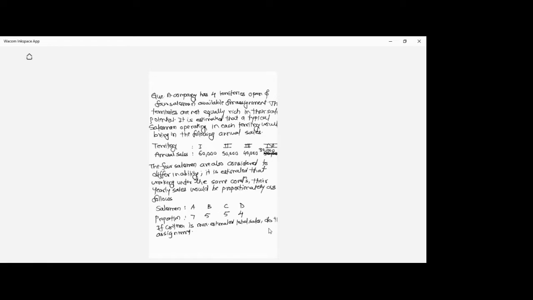We have to focus upon maximization of the maximum estimated total sales, but before that we'll have to have the sales matrix. If we have the sales matrix, the maximization would be easy, right?